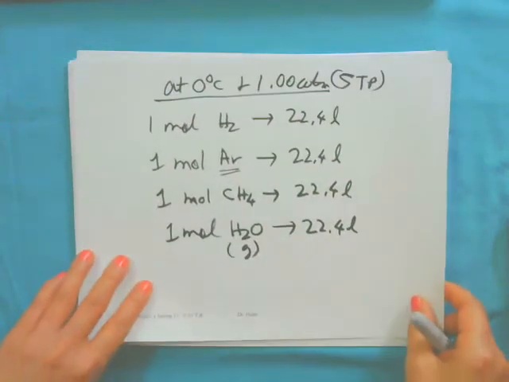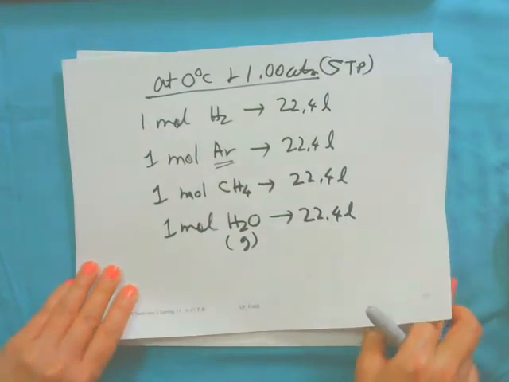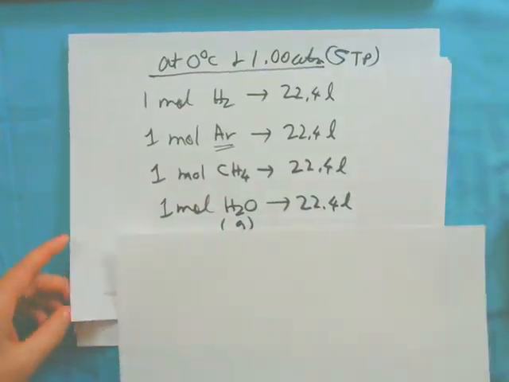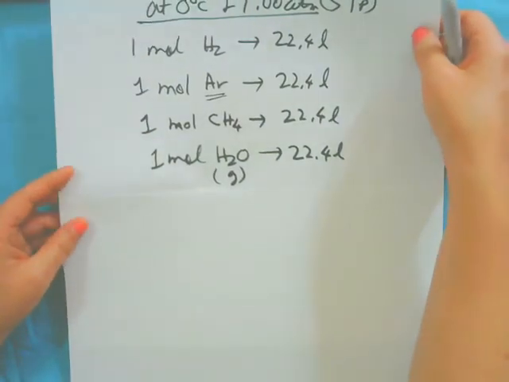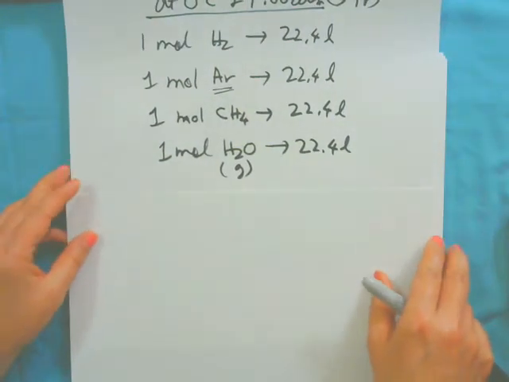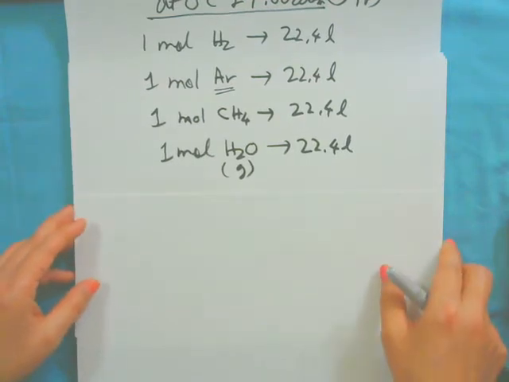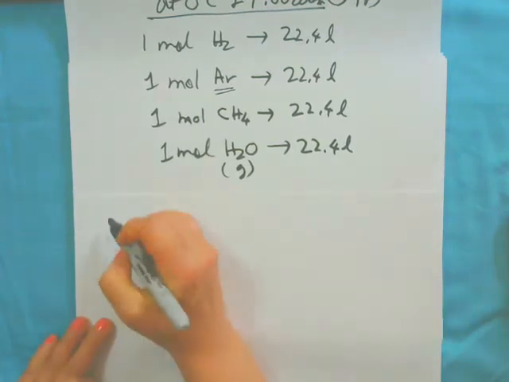Okay, so let's look at a very simple example. This is not so much a stoichiometric problem, but just a simple little problem where you convert from mass to volume. So here's my example.